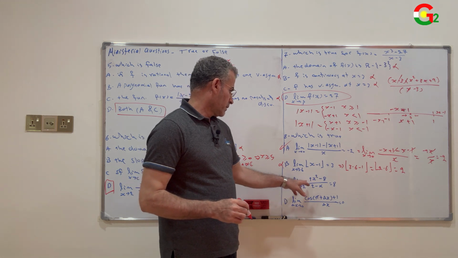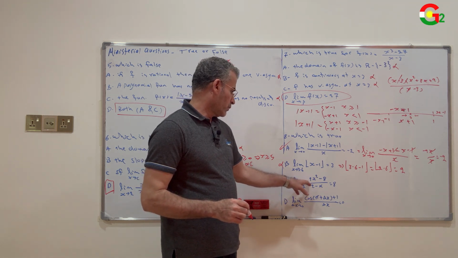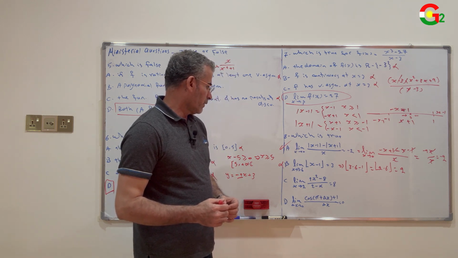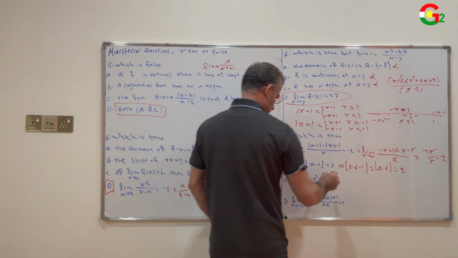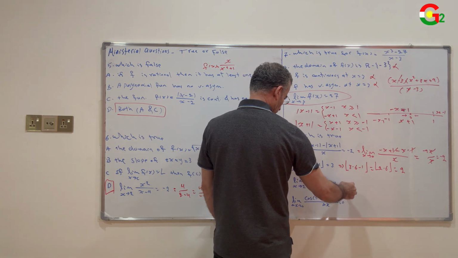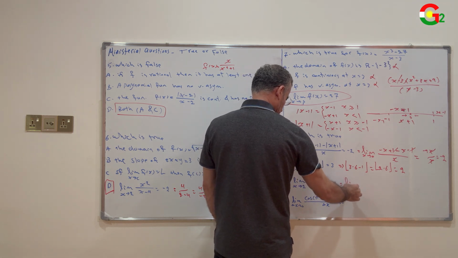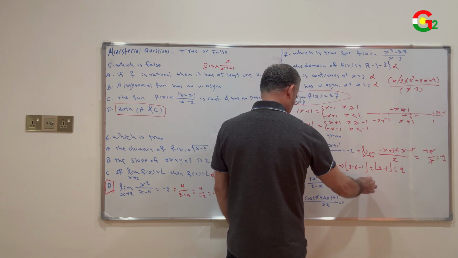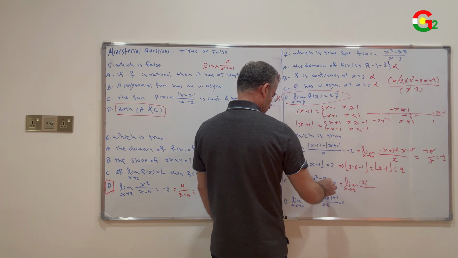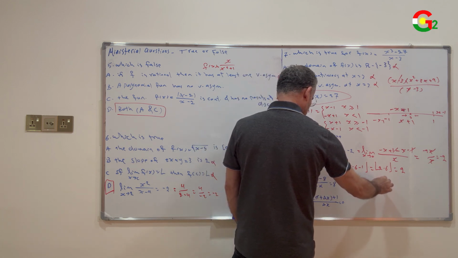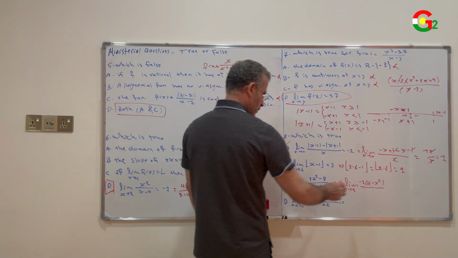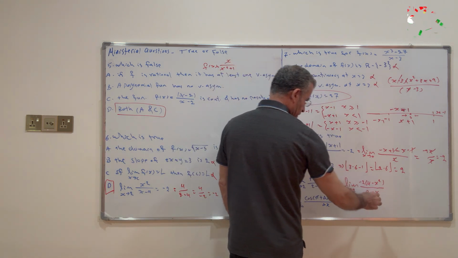The limit as x approaches 2 of 2x squared minus 8 over 2 minus x is equal to 8. Let us see. The limit as x approaches 2, factorized by negative 2, the function will be 4 minus x squared over 2 minus x.